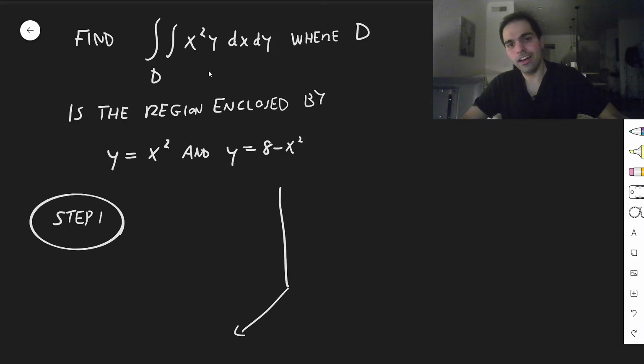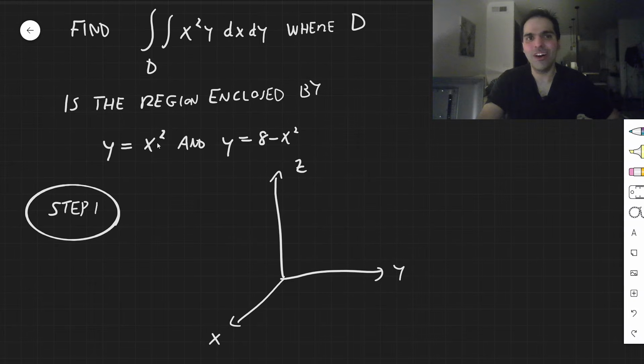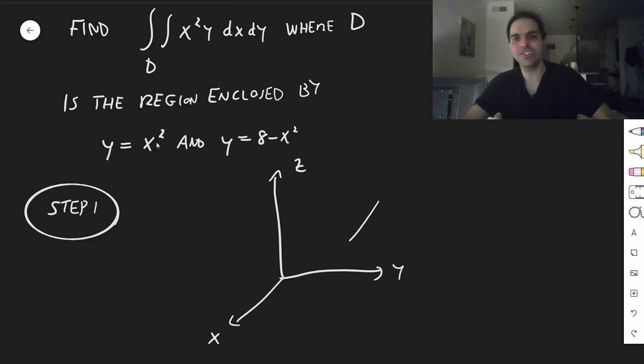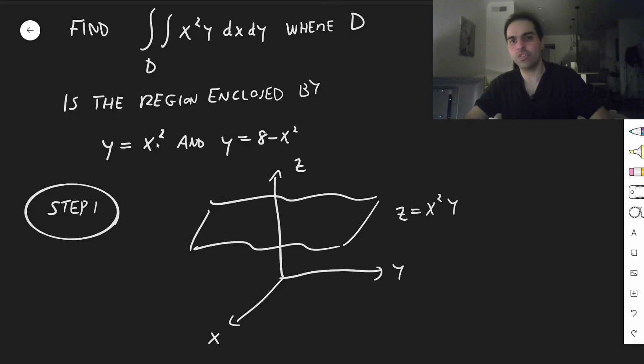Now, I know people are going to throw shade at me for this, but let's not quite draw the function x squared y, which is a bit awkward in this picture. Let's just draw a generic magic carpet. So imagine this is x squared y, so z equals x squared y lying in the third dimension.